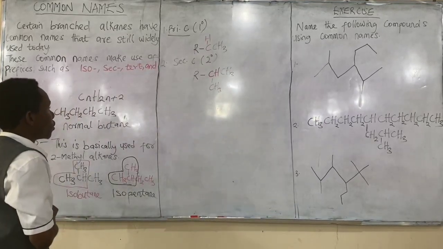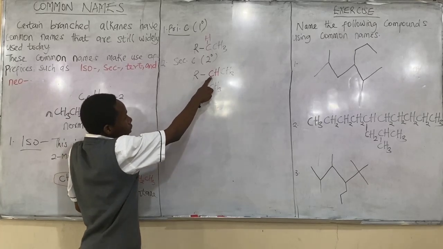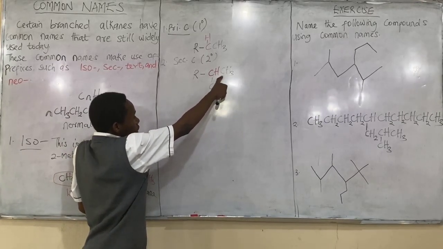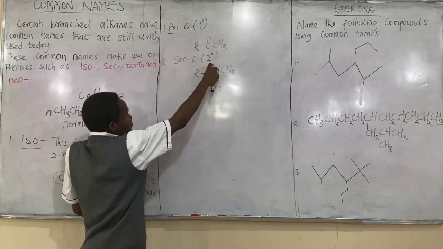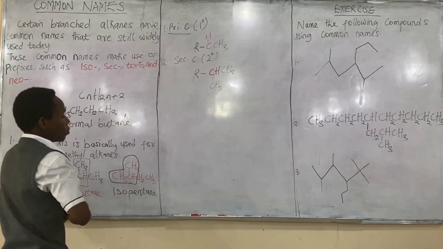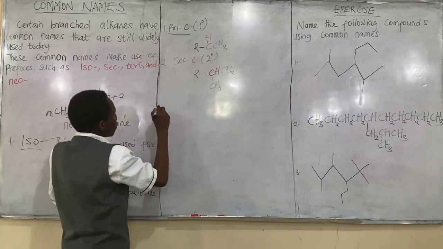In this case, this particular carbon atom is attached to 2 other carbon atoms, this one and this one. So this particular carbon atom is called secondary carbon atom.